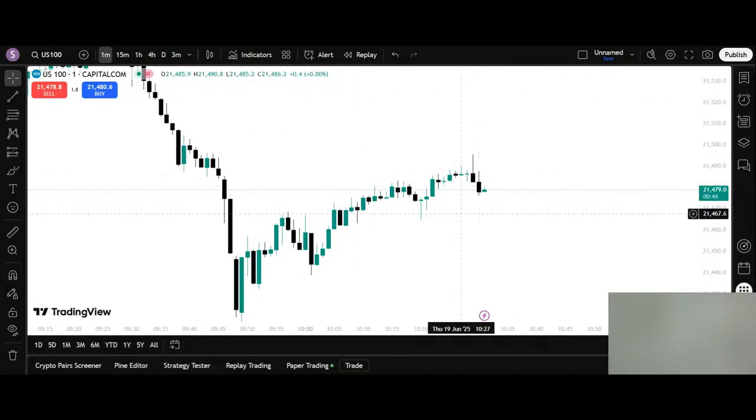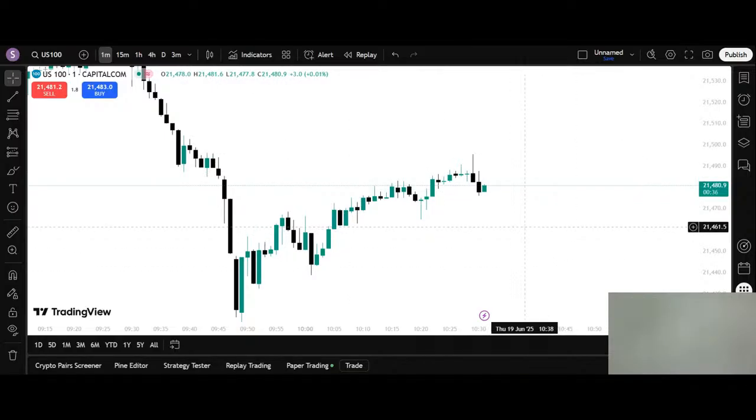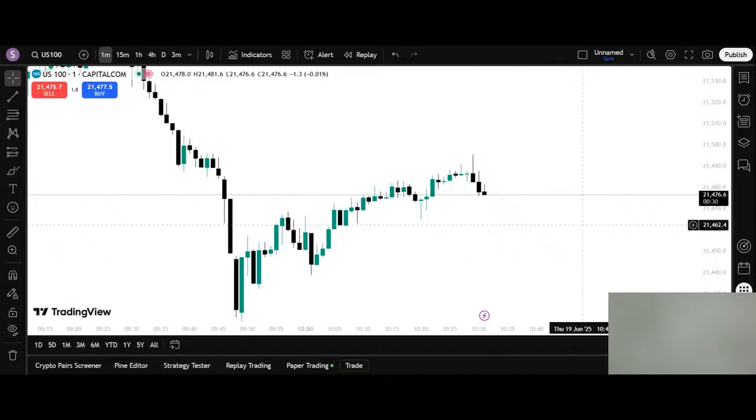So I'm gonna wait for it. I don't like to take a trade between this 10:30 to 10:45. A lot of manipulation happens between this time frame. So I'm gonna wait till 10:45 and then see if I can find another trade.